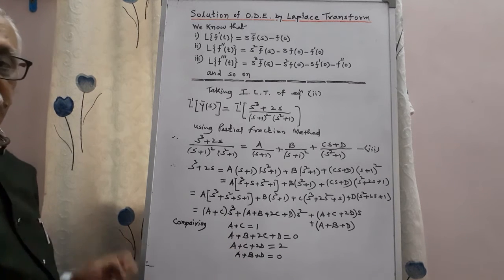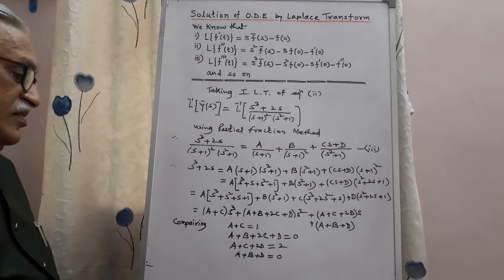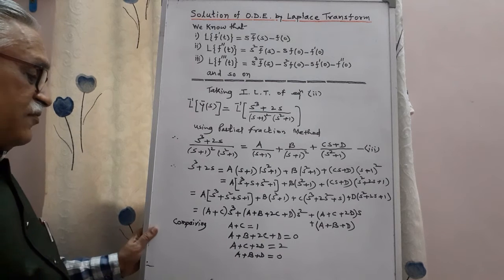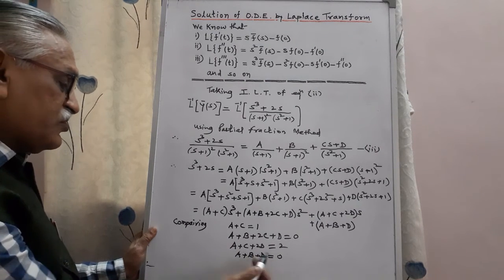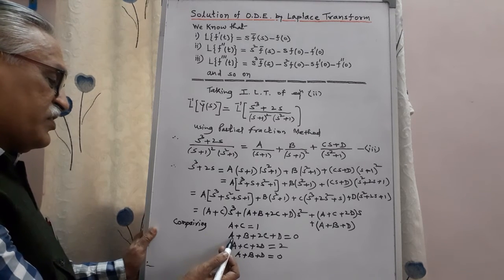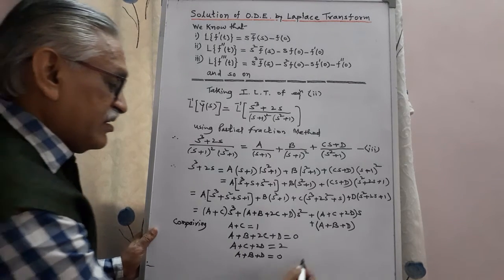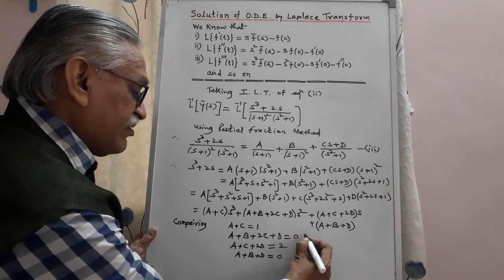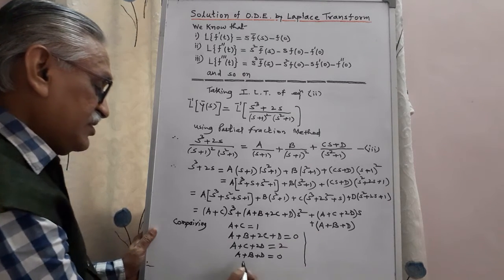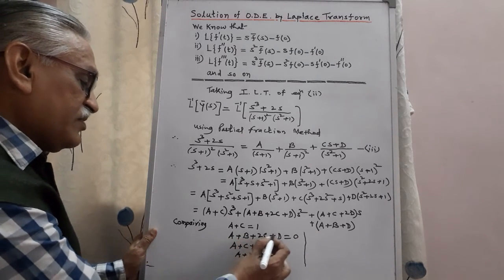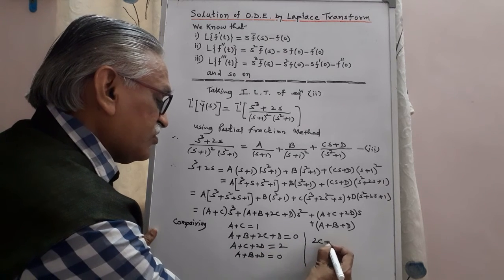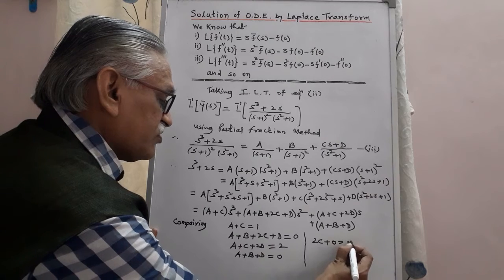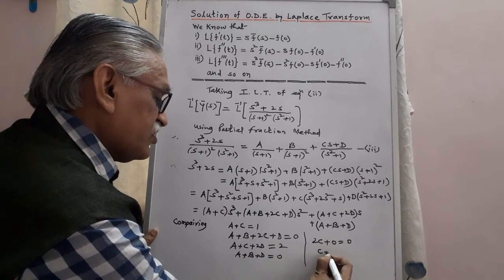Therefore solving this equation simultaneously, if we put the value of a plus b plus d is equals to 0 in this equation, it gives you, therefore a plus b plus d is 0, therefore we get 2c plus 0 is equals to 0, that gives you c equals to 0.